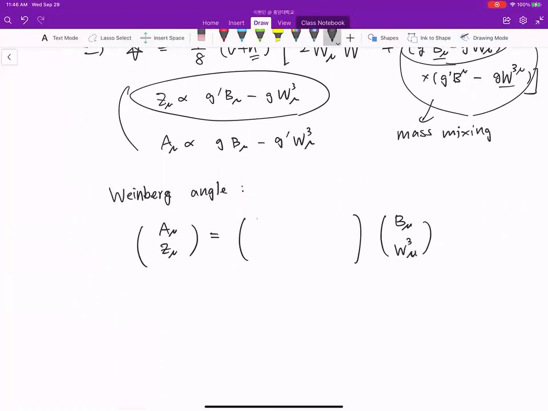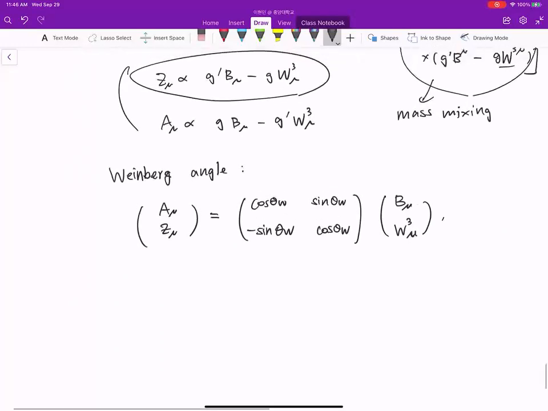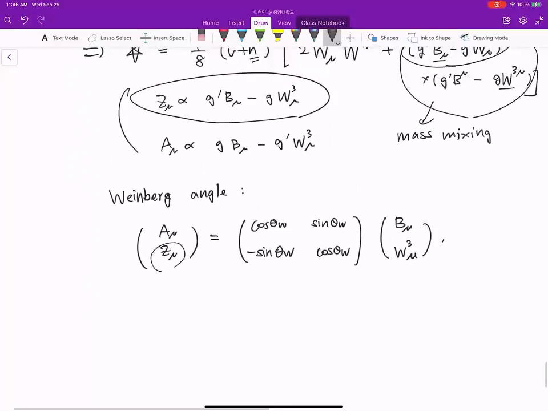Okay, so this is cosine. And here you see the Z boson contains B minus W, something like that.